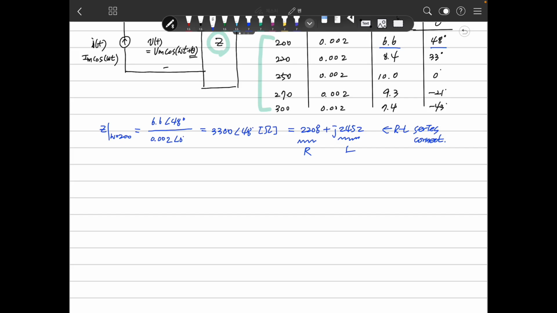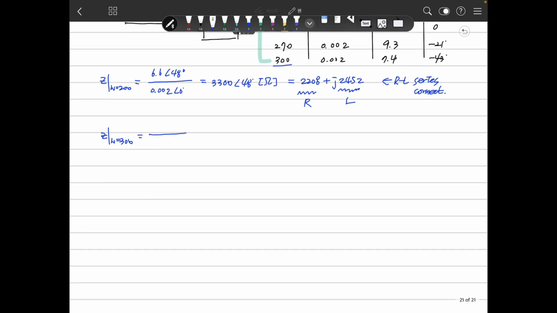How about Z when the frequency is 300? In these conditions, we have 7.4 at minus 43 degrees, with the same source in this manner.